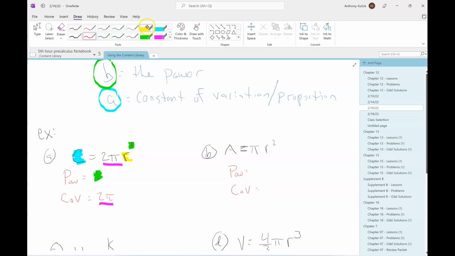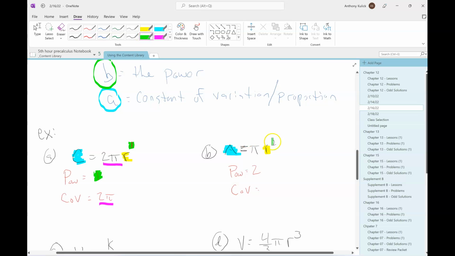So again, what's our independent variable here? R. And what's our dependent variable? A. Okay, what's the power then? 2. That's the exponent on the independent variable. And what's our constant of variation? Pi.